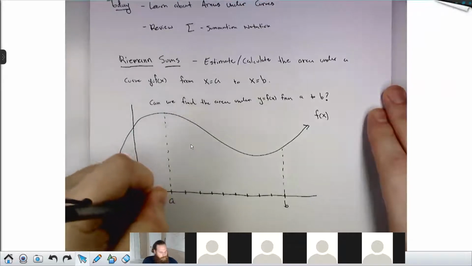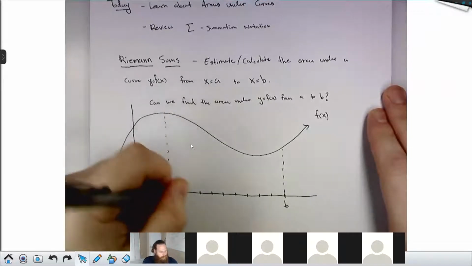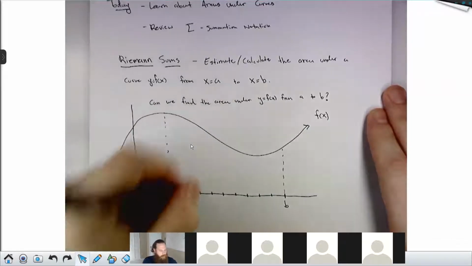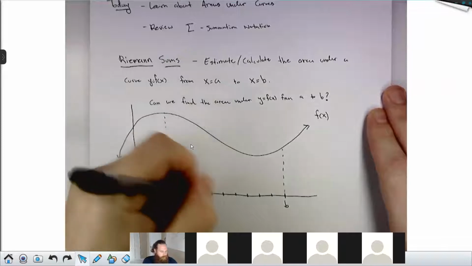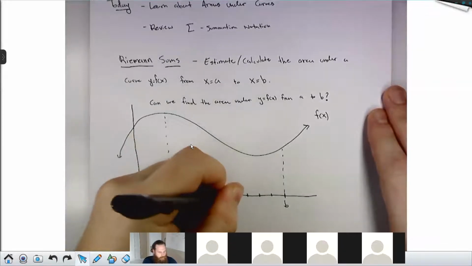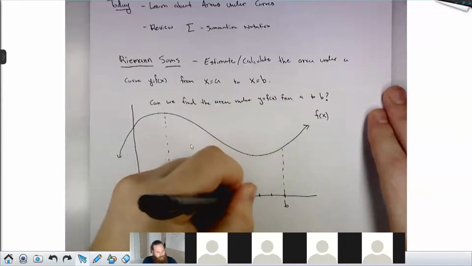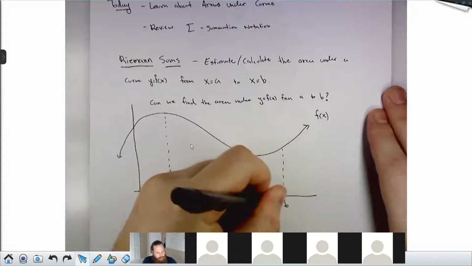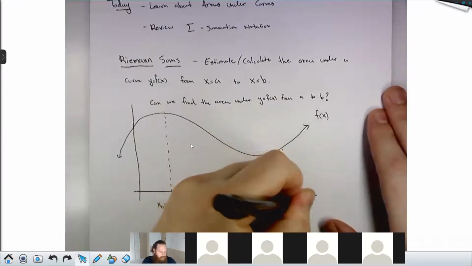The left endpoint A we call x0. The right endpoint of that first subinterval I call x1, and then I label all the others counting up. So x4, x5, this is x6, this is x7, this is x8, and in this case, B would be x9.